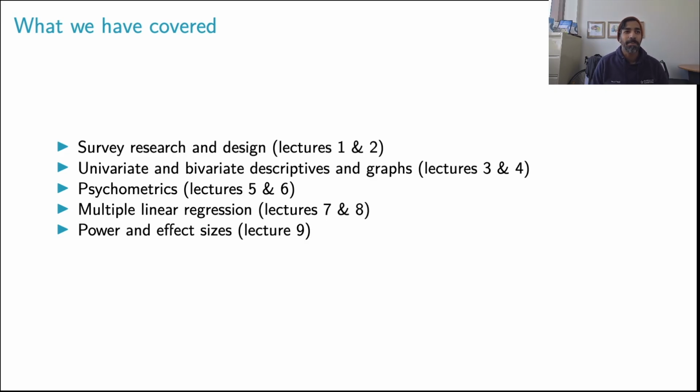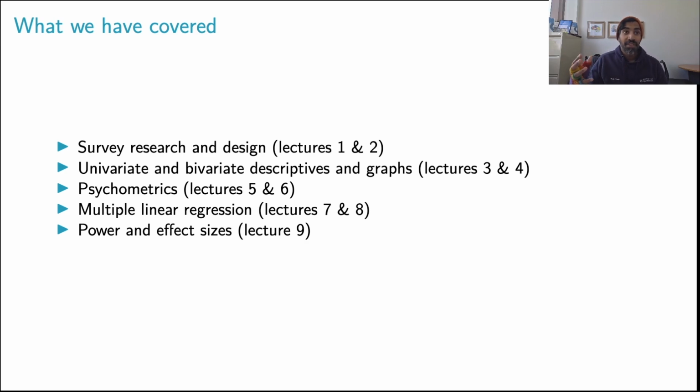These were really the two main pieces of advanced statistical analyses, which provided you with the tools that you need to be able to critically analyze research that use these sort of techniques, but also be able to conduct your own research. And then we built from there into power and effect sizes.